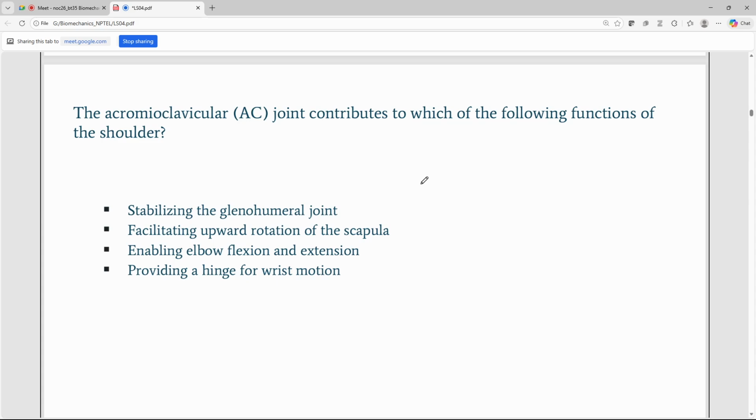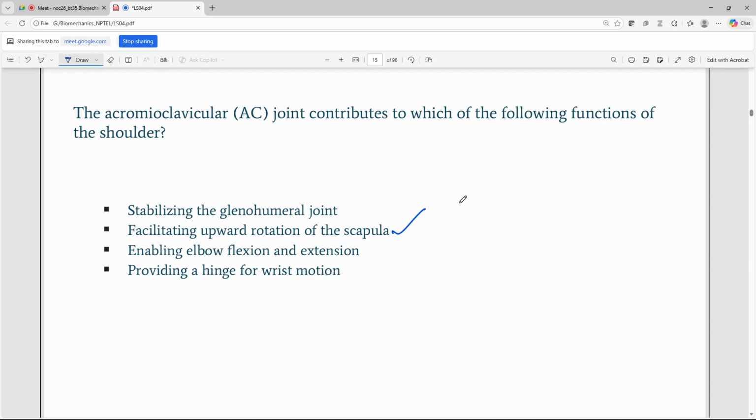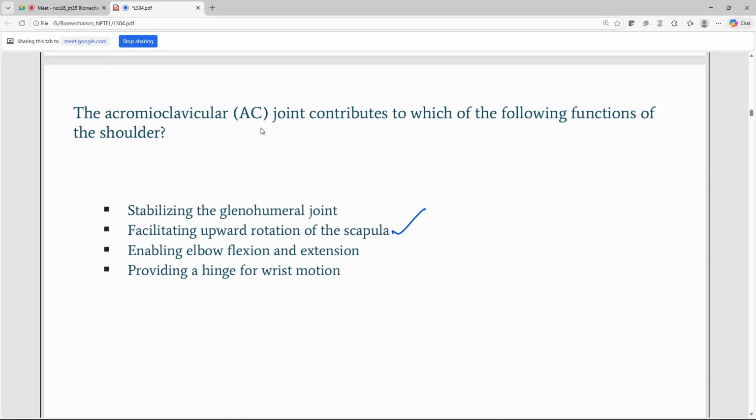Okay, the answer is option B. I can see some of you were confused with A also. This is one joint, and this is another joint. The stabilization of joints is done by muscles, not by another joint.